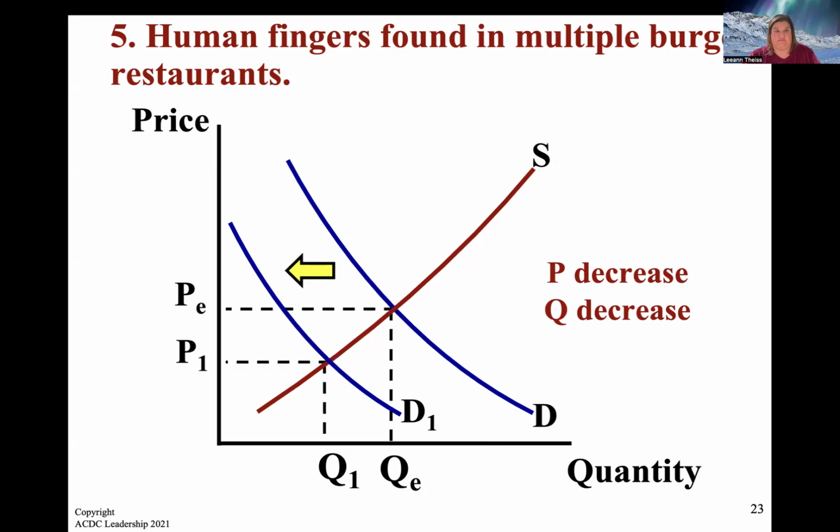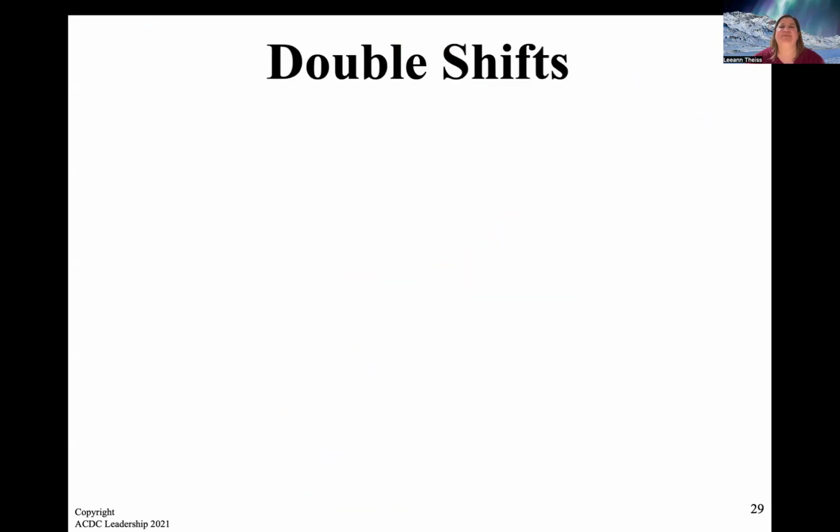I think we're going to save double shifts for another day. That's where we're going to stop right now. I think that's enough for you to absorb, right? Here's what I'd like for you to do. If you are feeling confident, you can start your homework.